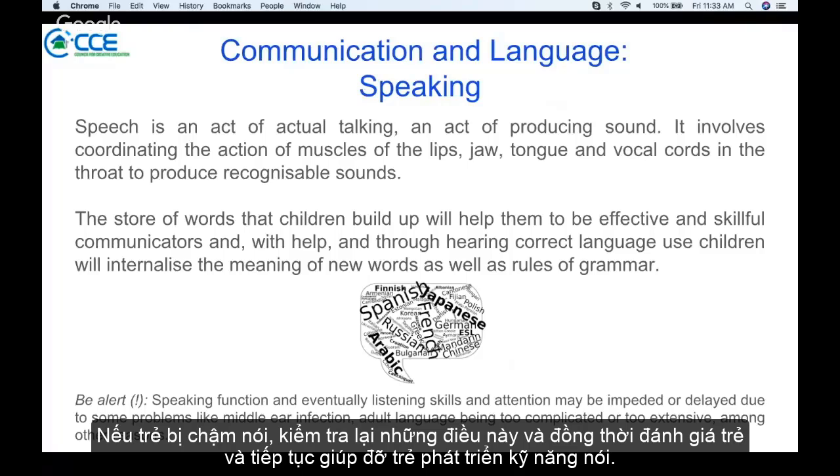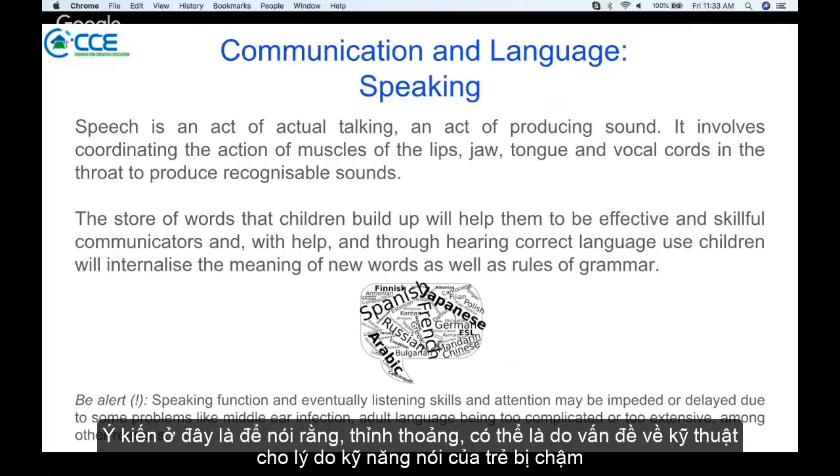So if the child has a speech delay, check that these things are in place, and then assess the child accordingly, and continue helping your child with developing the speaking skill. So the idea here is to say that sometimes it can be just a technical problem why the child's speaking skill is being delayed.